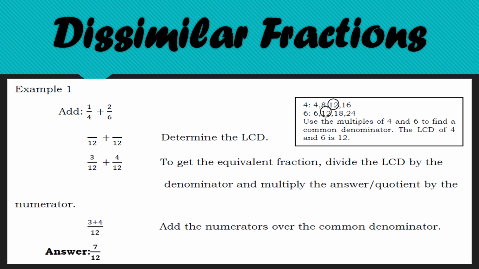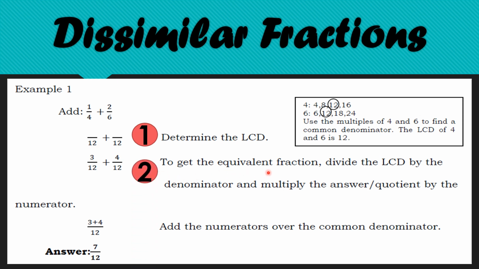Example number 1. Add 1/4 plus 2/6. Step 1. Determine the LCD. Use the multiples of 4 and 6 to find the common denominator. The LCD of 4 and 6 is 12. 12 is the denominator. Step 2.